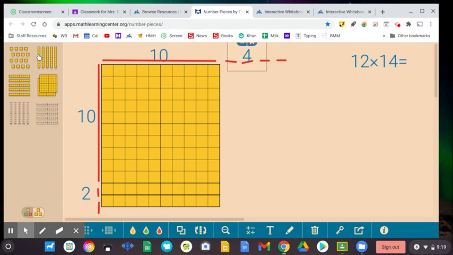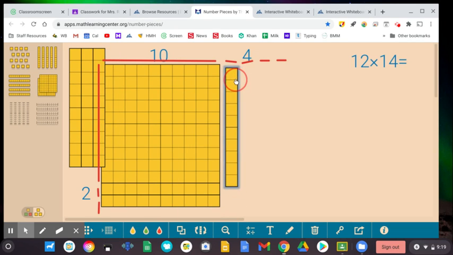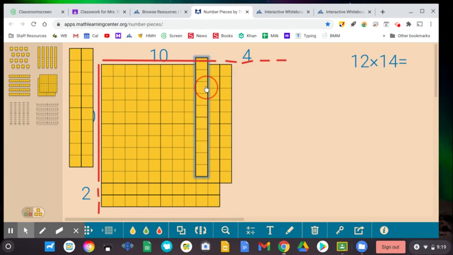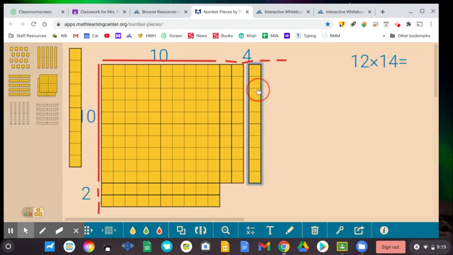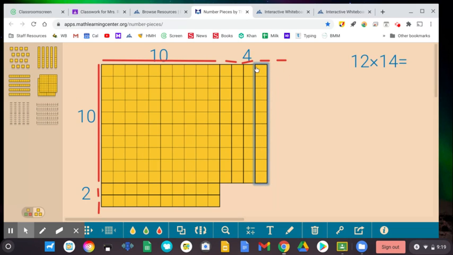And let's match up some of these long ones. 1, 2, 3, 4. Let's move them. So here is 1. And let's move this one. Let's move this one. I guess my little lines are too long.